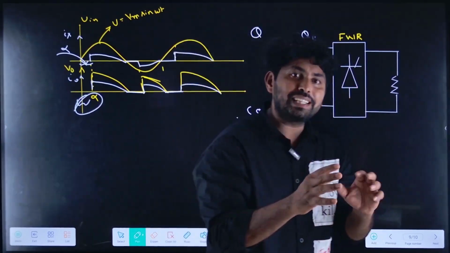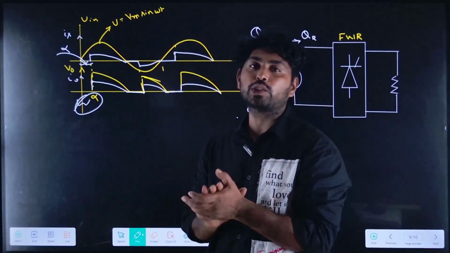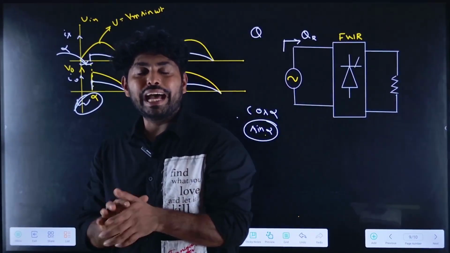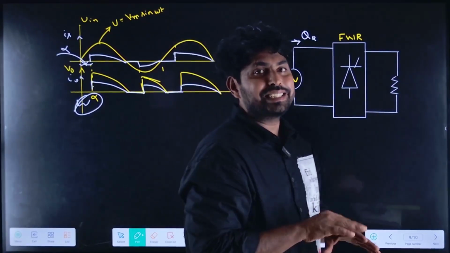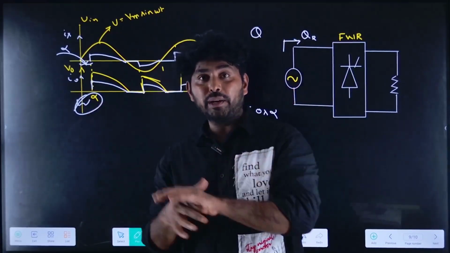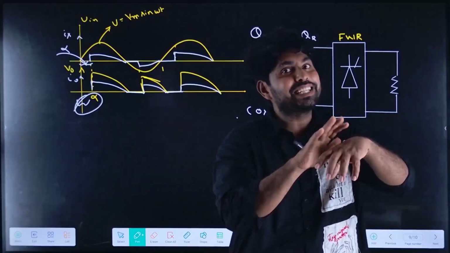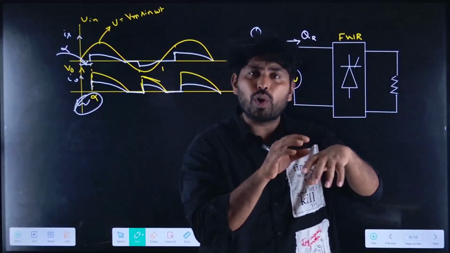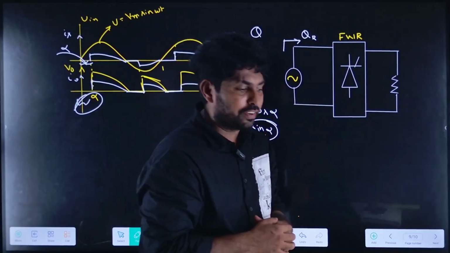The reactive power is also called oscillating power. Its average is equal to 0. It doesn't carry any work like active power. It is involved in the process of work, but doesn't carry any work, which is why it is called reactive power. And it has two times the fundamental frequency.